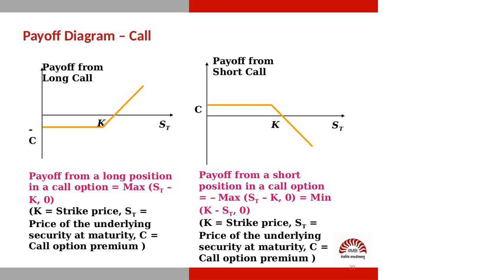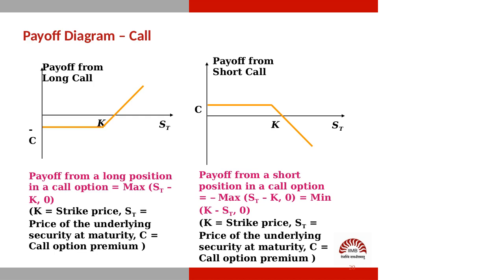Now, yes, profit maximization is your primary objective. However, if profit maximization cannot be achieved, loss minimization is your next best alternative. So therefore, the moment the price crosses the strike price, you will exercise it.